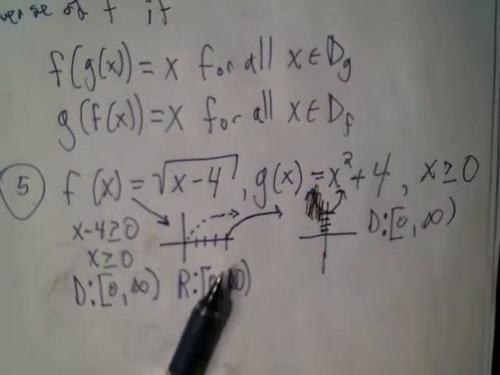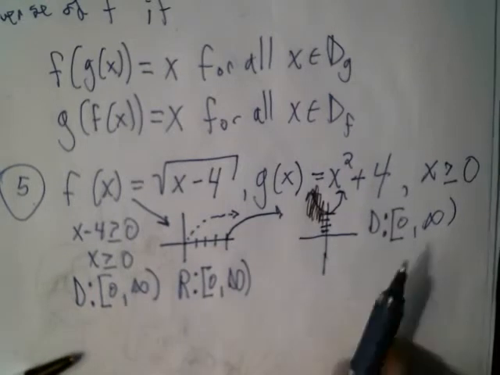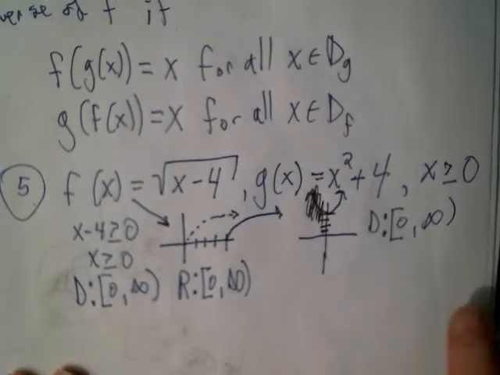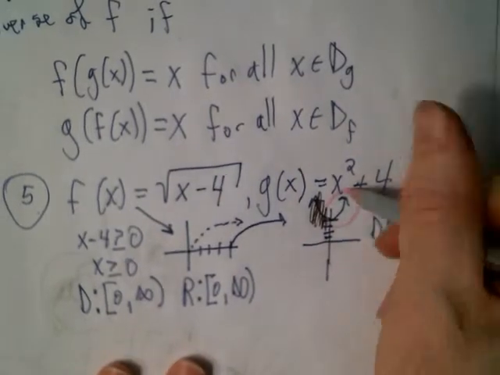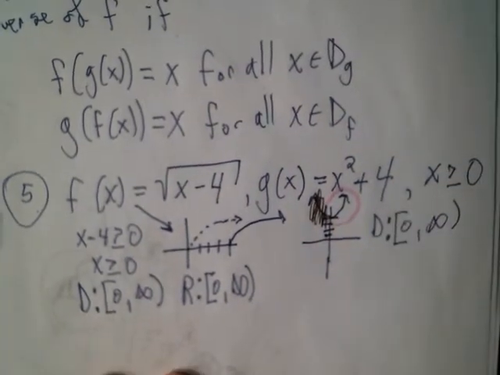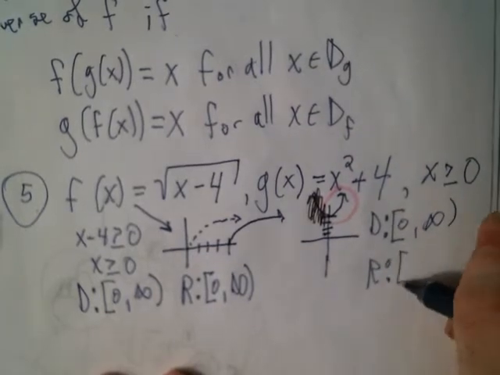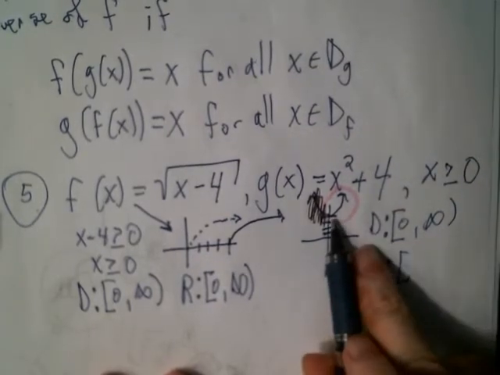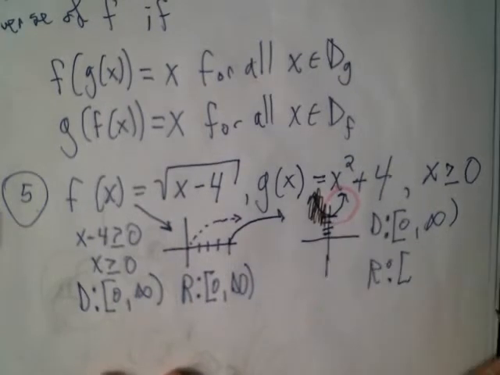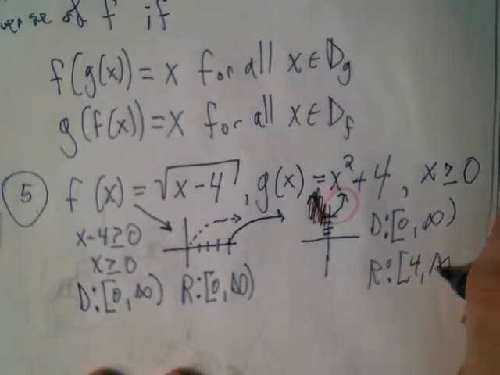This part we're going to scratch out, and we just consider the right-hand branch of the parabola. Maybe I should circle that in a different color or something. There, that's the part we want. Then the range, and again, I'm just looking at the graph: the vertex is at (0, 4), so it's going to go from 4 to infinity.